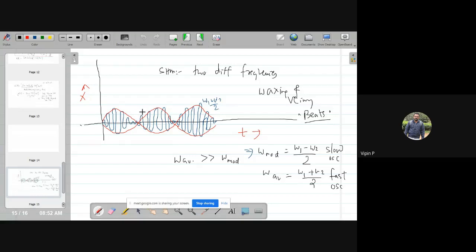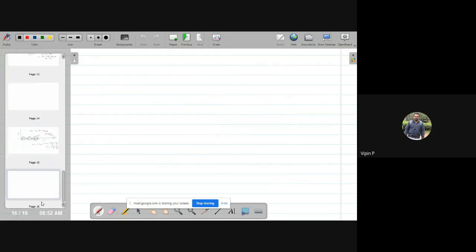For example, if you think of two tuning forks vibrating with different frequencies, you can always hear the difference. I'll give you a link which is actually a demonstration of beats. Right. Now let's see a special case.